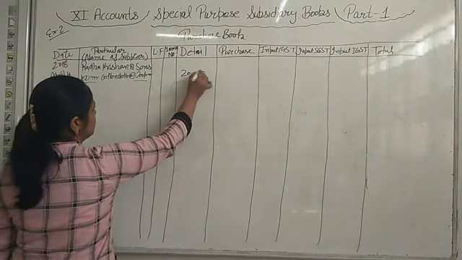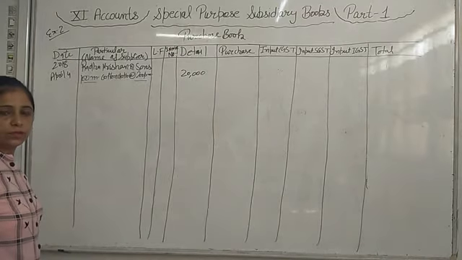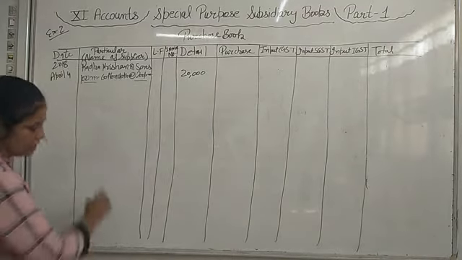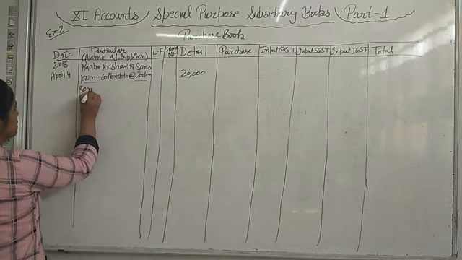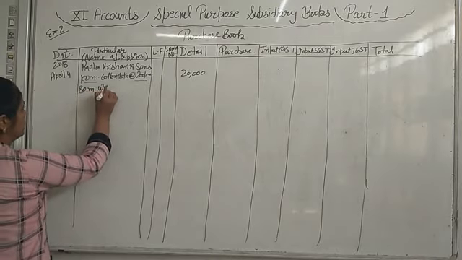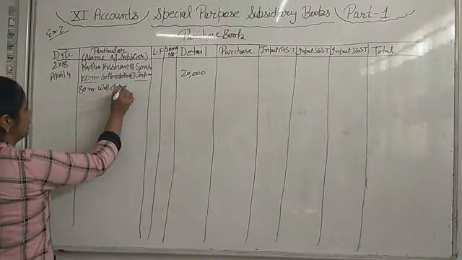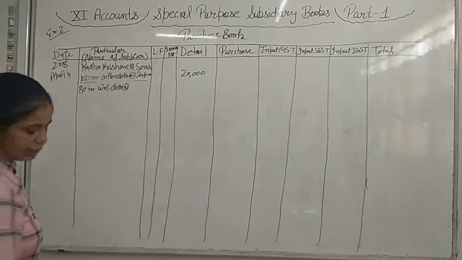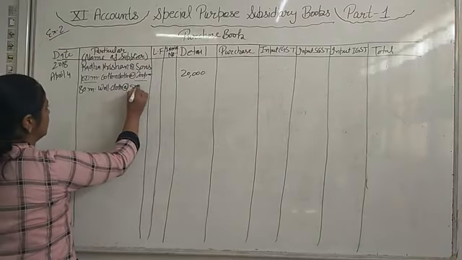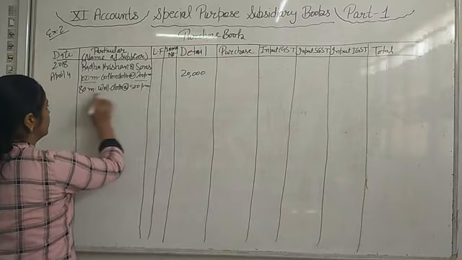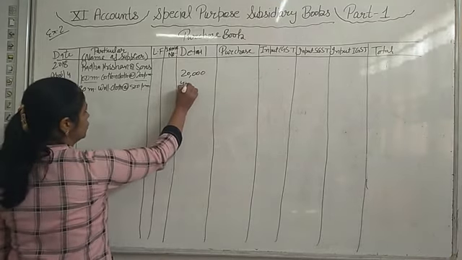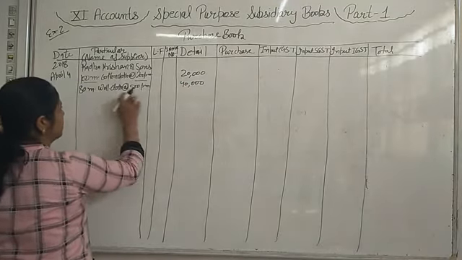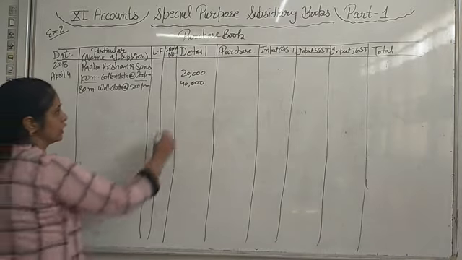That we will write in the detail further. Got it? Now we have purchased from the same supplier 80 meter woolen cloth at the rate of 500 per meter. Then total cost is 40,000, 80 multiplied by 500.